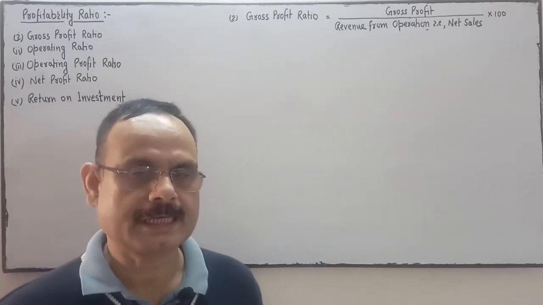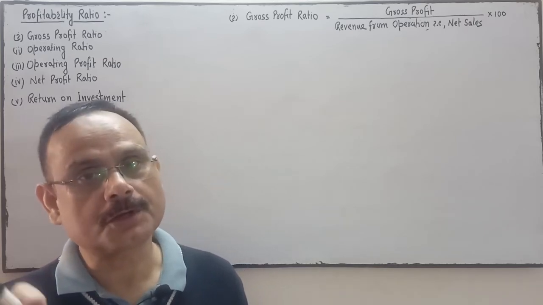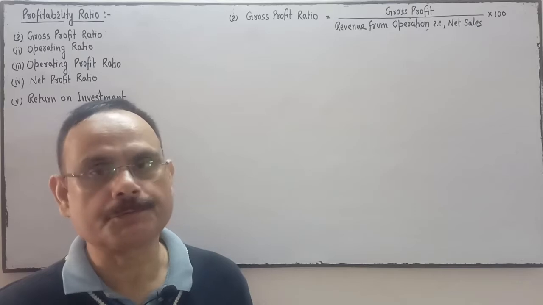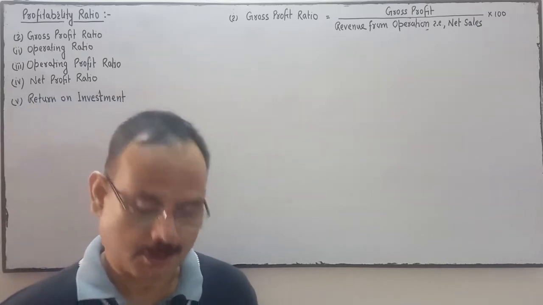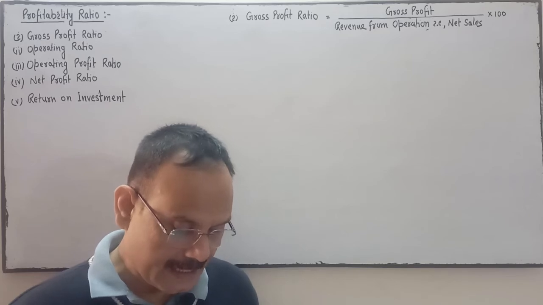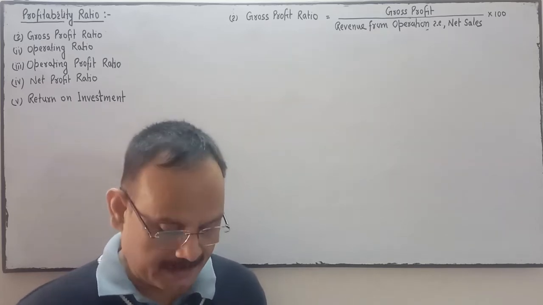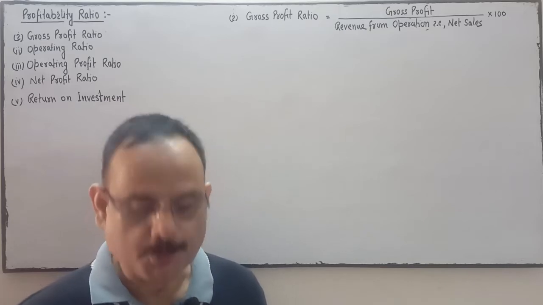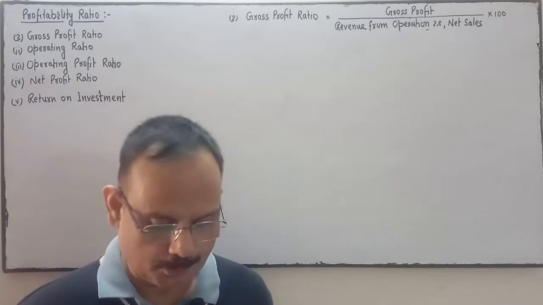This information has been given: gross profit is 25% of cost of revenue, not the revenue from operation. Its credit revenue from operations are twice, just double its cash revenue from operation. So credit revenue is double the cash revenue from operation.